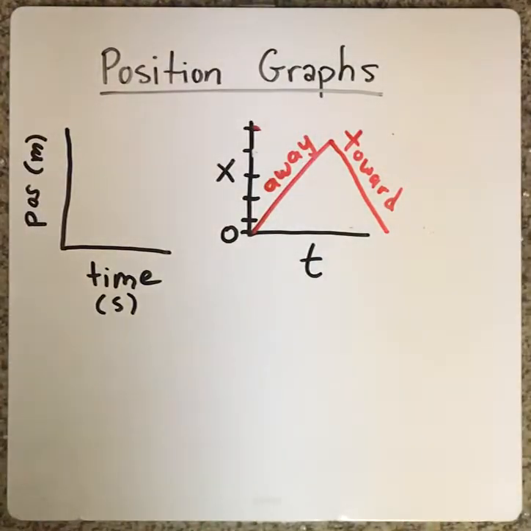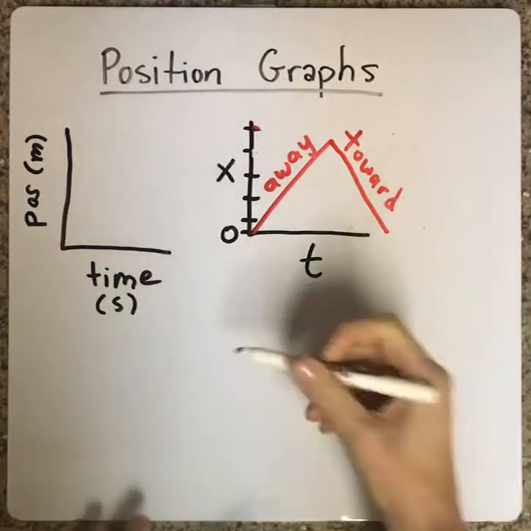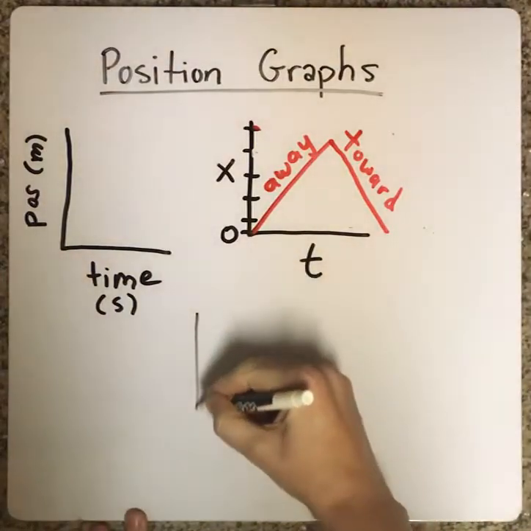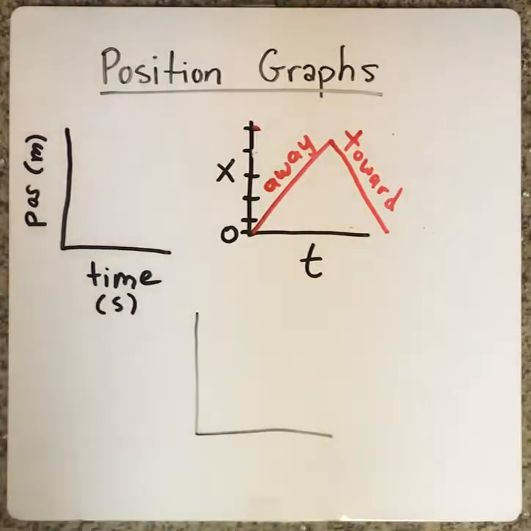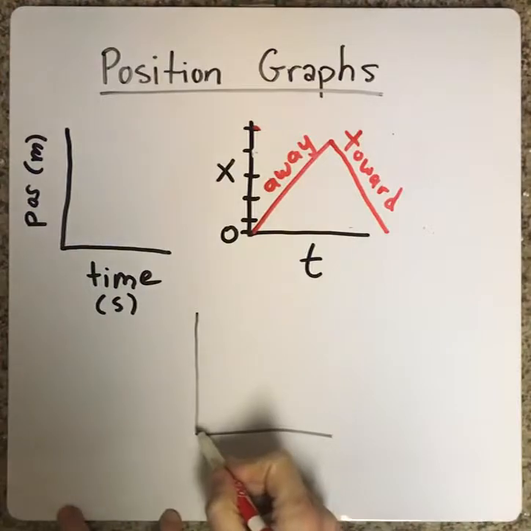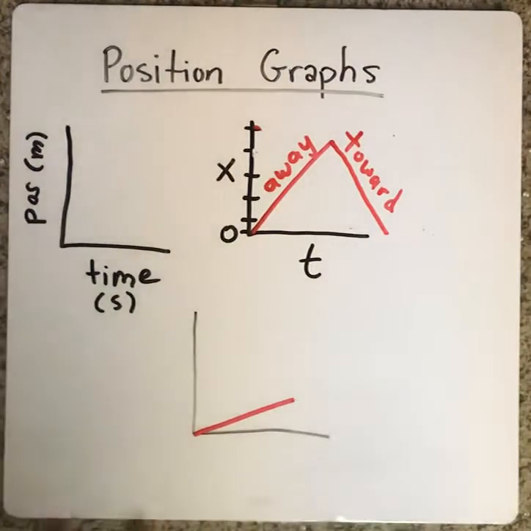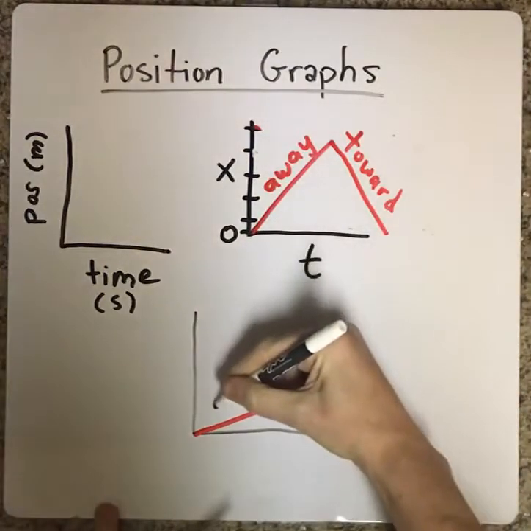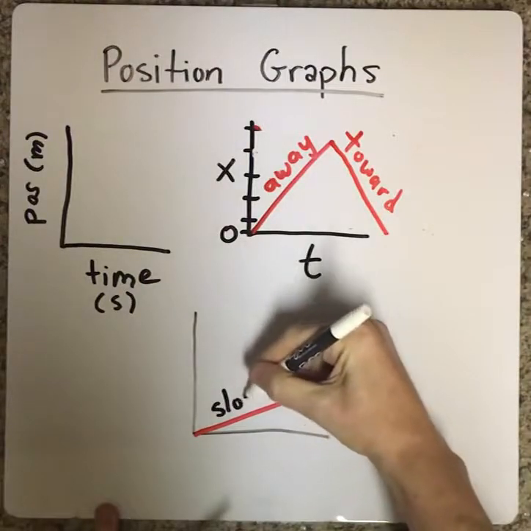Now, how steep the line is tells us how quickly the graph is changing. So let's look at some examples. If the graph is not very steep, that just means that the position is changing very slowly. So I'm going to write the word slow here.